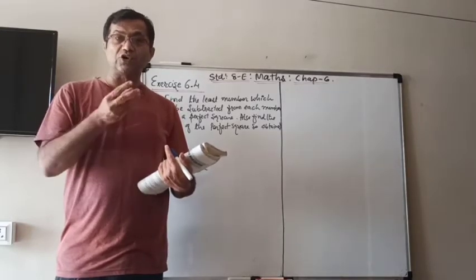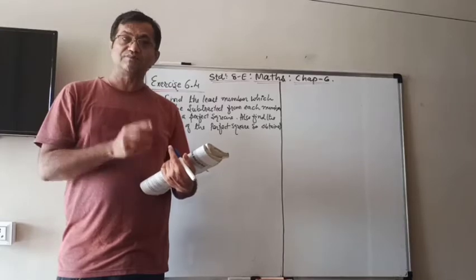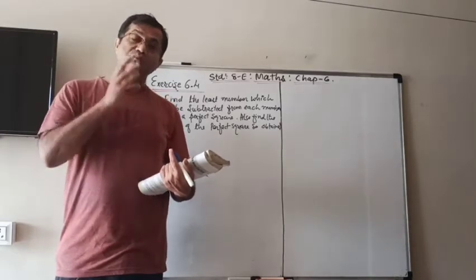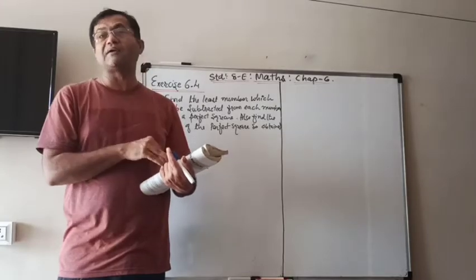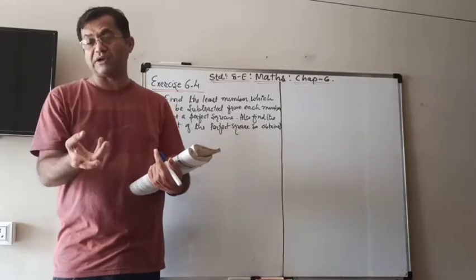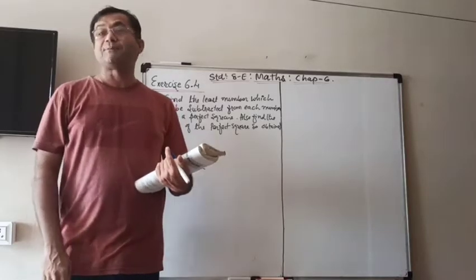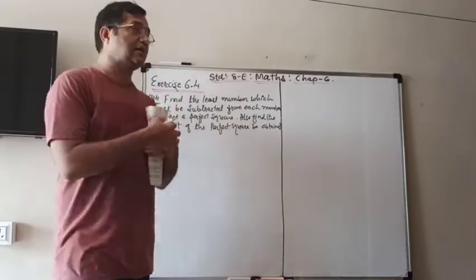If you have to subtract or add a number to make a perfect square, then you have to use the division method. And if you have to either multiply or divide by a number to make a perfect square, that time you can't use this method, so you have to use the prime factorization method.